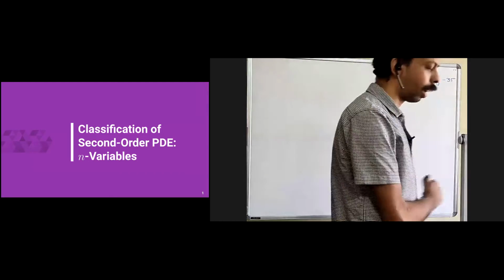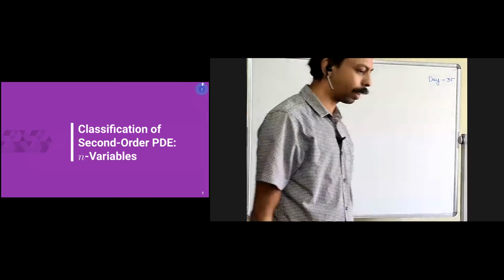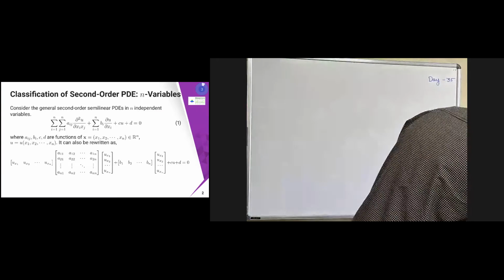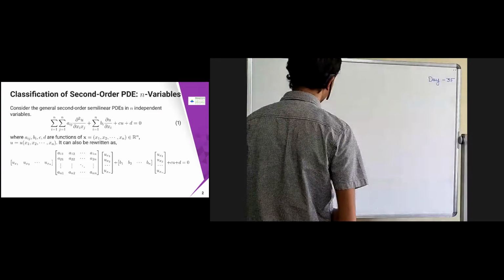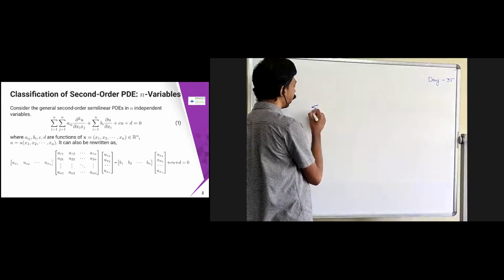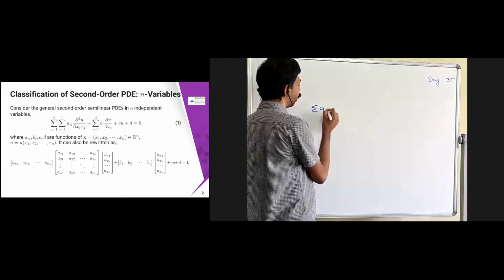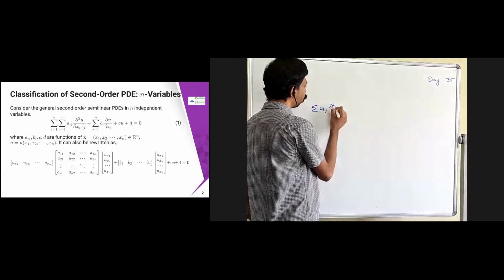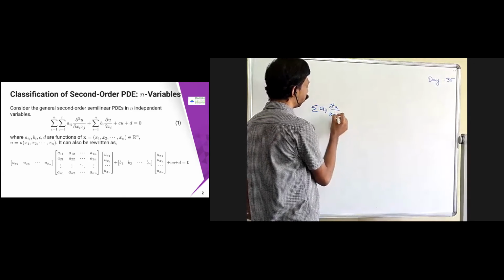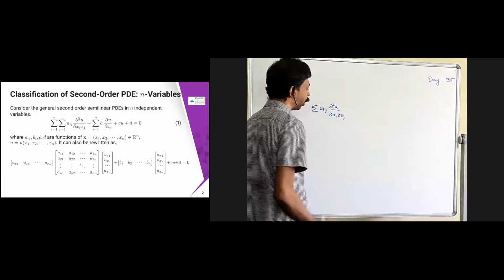So let us see the classification of second order PDEs in n variables. In n variables, the second order semi-linear PDE can be written in this way: summation of Aij dou square u by dou xi dou xj. This is the general way you can write it.